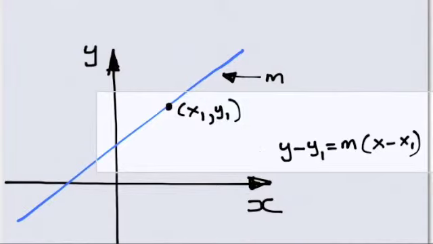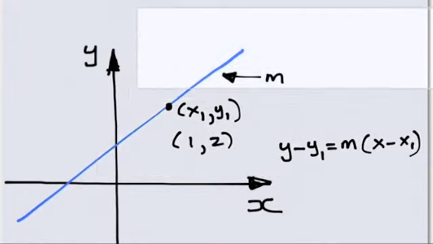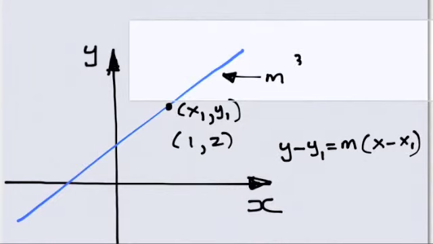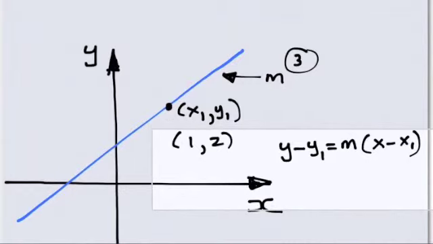Now if we put some values in, suppose that x1 is 1 and y1 is 2, and suppose the gradient is 3, and those numbers are given to us. We could find the equation of the straight line according to this expression. y minus y1, which is 2, is equal to gradient, which is 3, times x minus x1, which is 1.